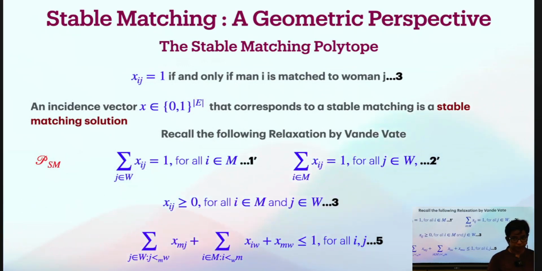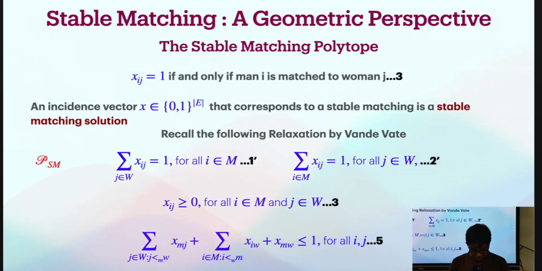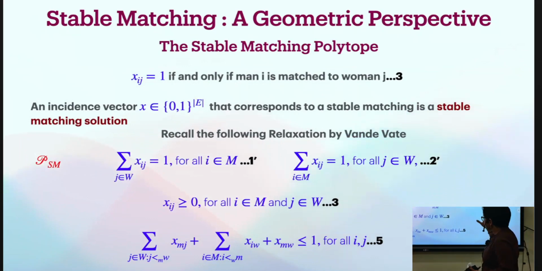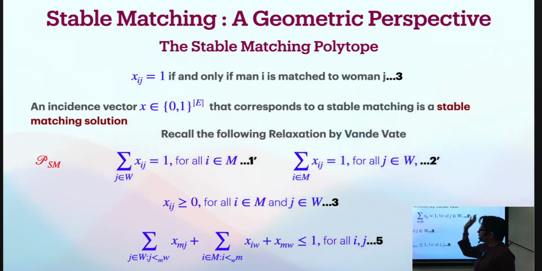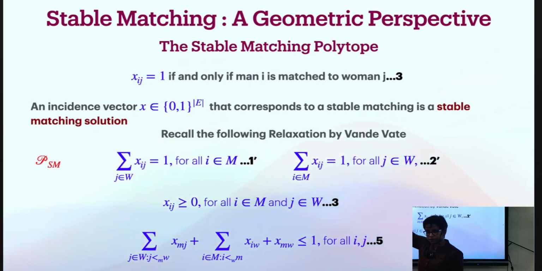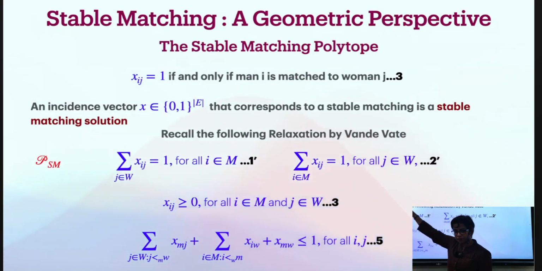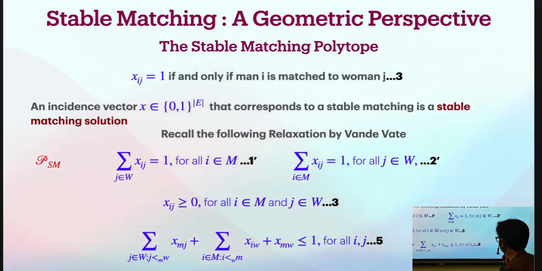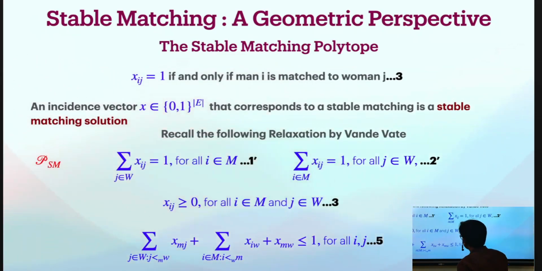This is the integer stable matching, and not the fractional one. The relaxation that we are talking about would allow fractional values, but for now this version is an integer solution. In a fractional stable matching, X_MW need not be 0 or 1: it says how much of M is matched with W as a fraction.